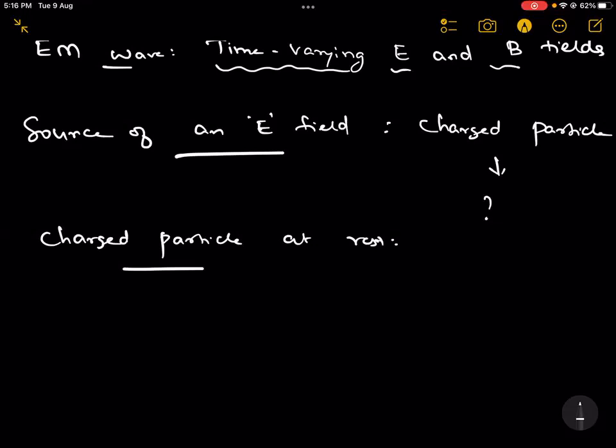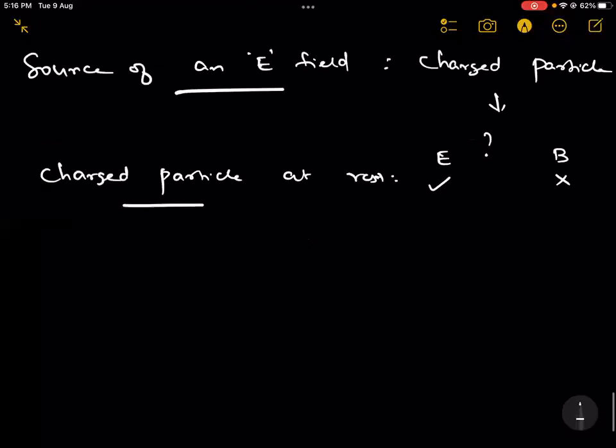If I prepare a table of electric field and magnetic field, is an electric field getting generated? Yes. What about the magnetic field? No. Why? Because for a magnetic field, charged particles are supposed to be in motion. What is the source of a magnetic field? Moving charges. The chapter name is moving charges and magnetism, right?